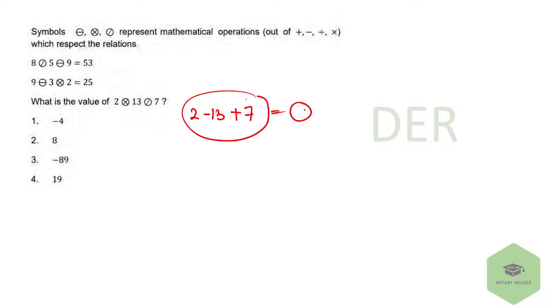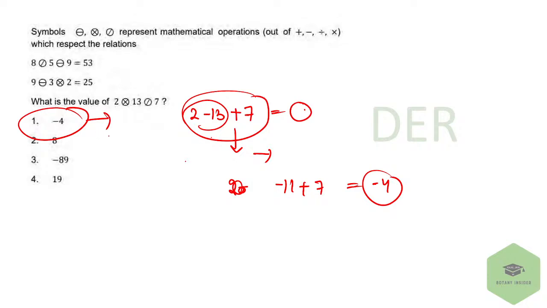Over here you have to just solve this particular equation and you'll get your answer. So 2 minus 13 gives you minus 11, plus 7, which is equal to minus 4, and hence 1 is the correct answer for this particular question.